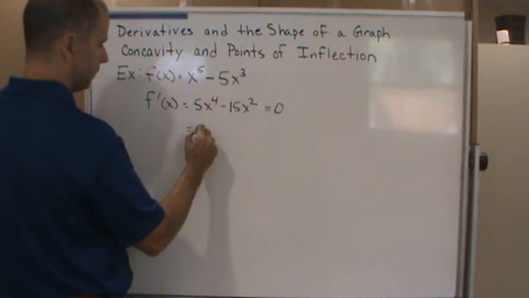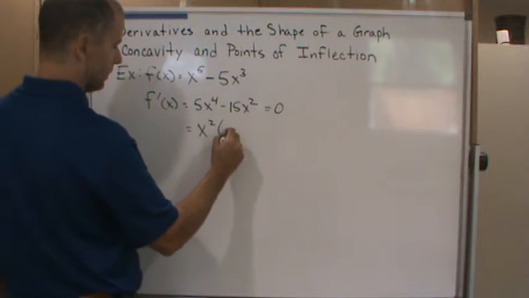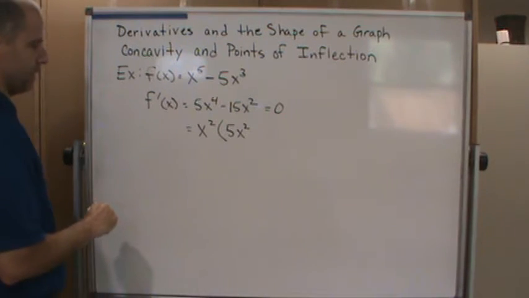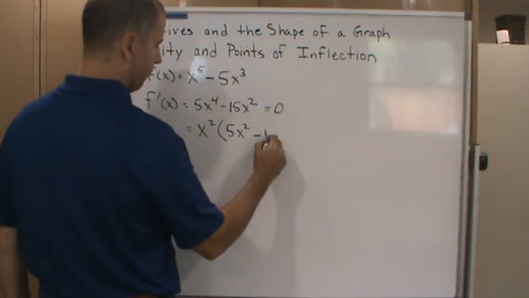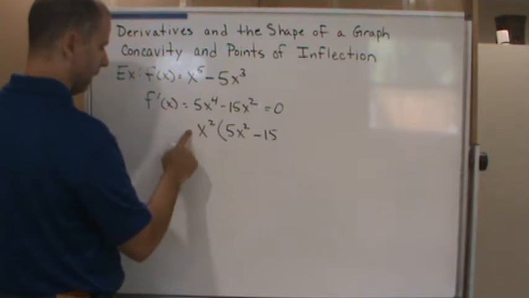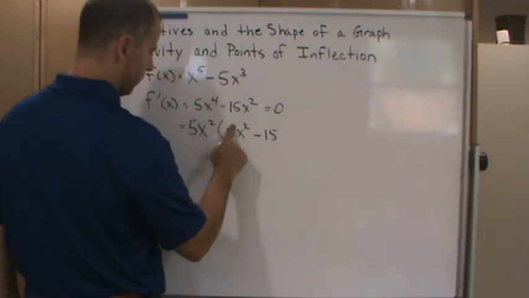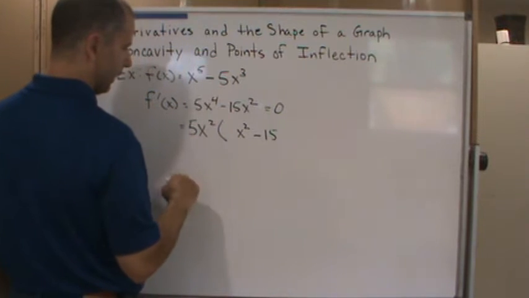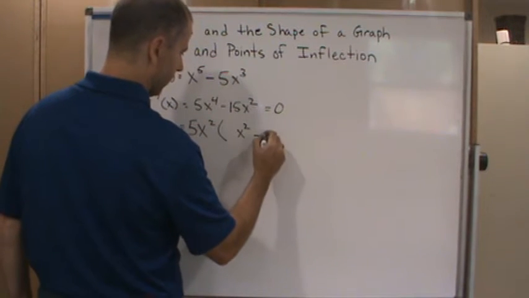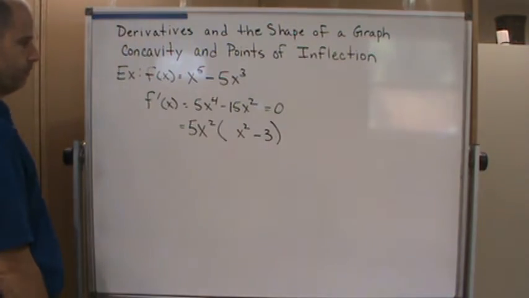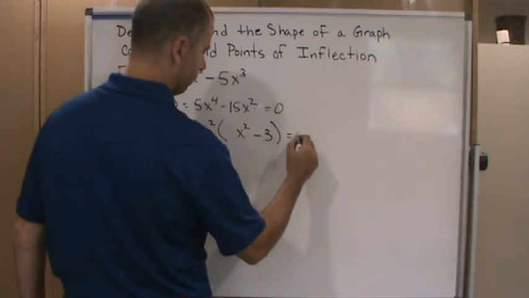And so if we factor this out, we get x squared times the quantity 5x squared minus 15. Actually, we can take out a 5, so let's factor out a 5x squared. So that means we'll have an x squared here, and this will be a 3 there, is equal to 0.